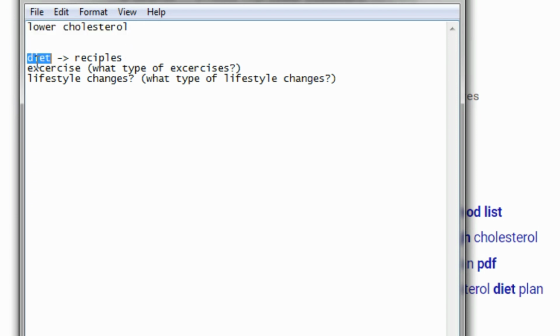You could see diet and recipes could become one whole vertical of topics, tons and tons of different diet plans, tons of different recipes, different types of exercises. We have swimming, we have cardiovascular, aerobic type exercises, running, how long. And as you can see here, you can really dig deeper and deeper and deeper.